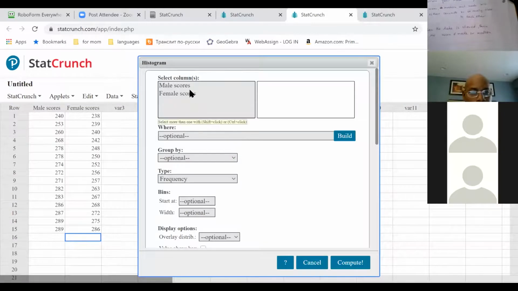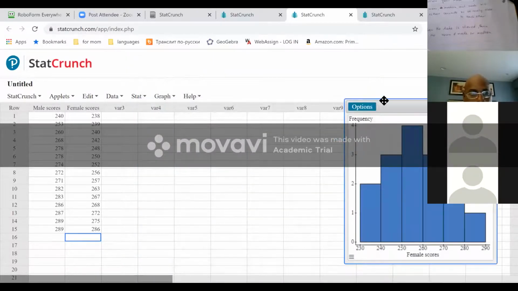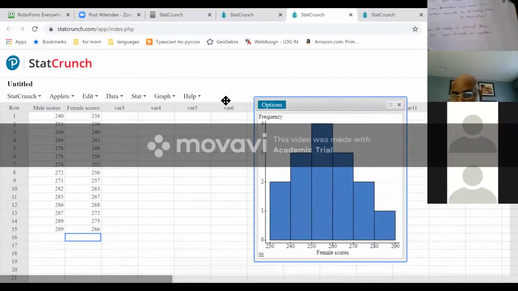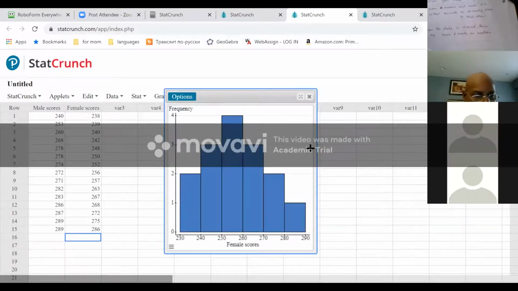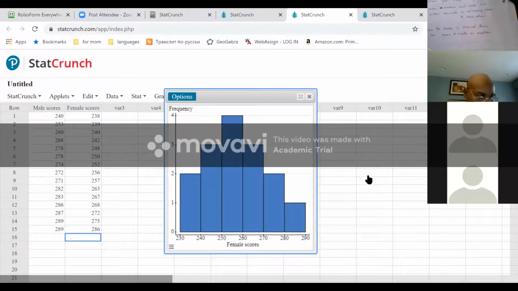If you look at a histogram of female scores, do you see the graph? Yes, I see it. This is what the frequency distribution of female scores looks like. It's a little bit skewed to the right, but pretty much it's symmetric.